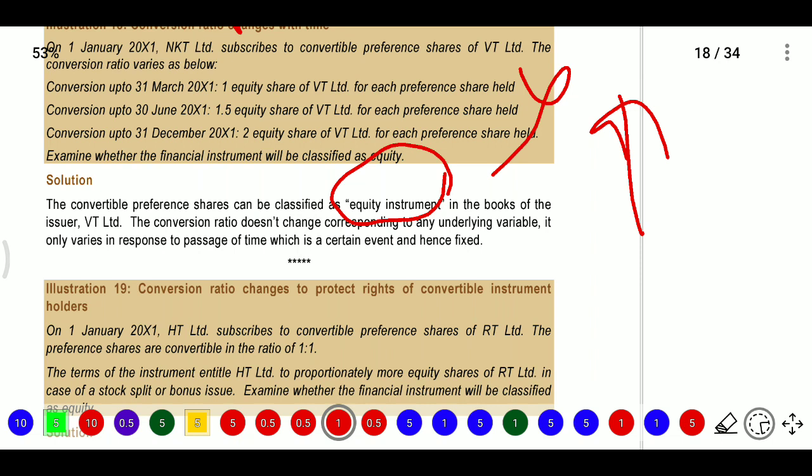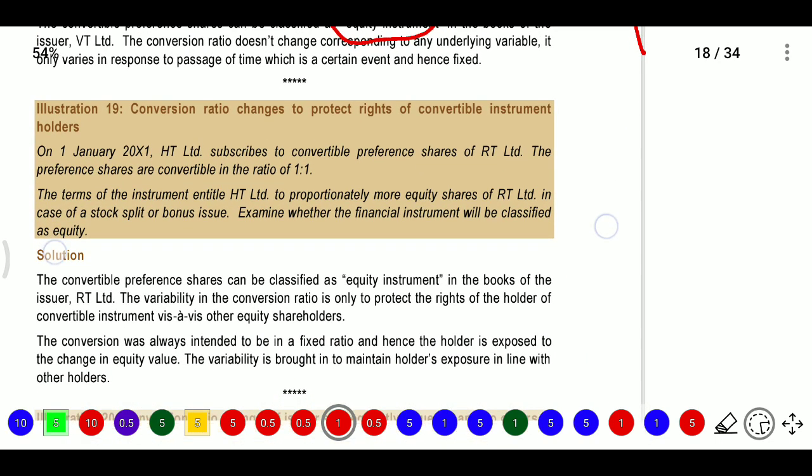The conversion ratio does not change corresponding to any underlying variables. It only varies in response to the passage of time, which is a certain event and hence fixed. Next, in January 2001, HT Limited subscribes to convertible preference shares of RT Limited. The preference shares are convertible in the ratio of 1:1.